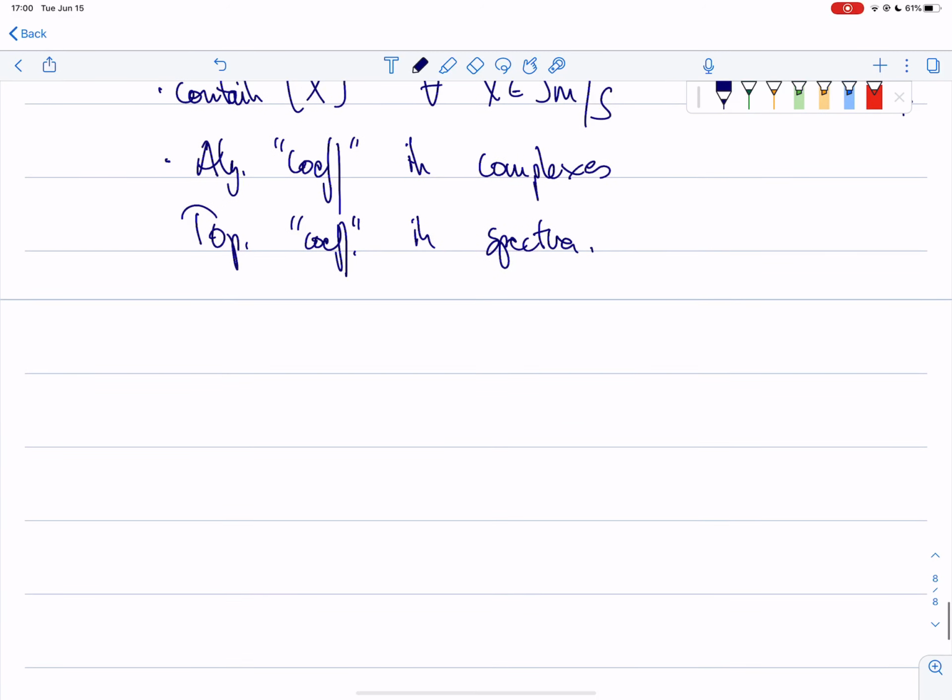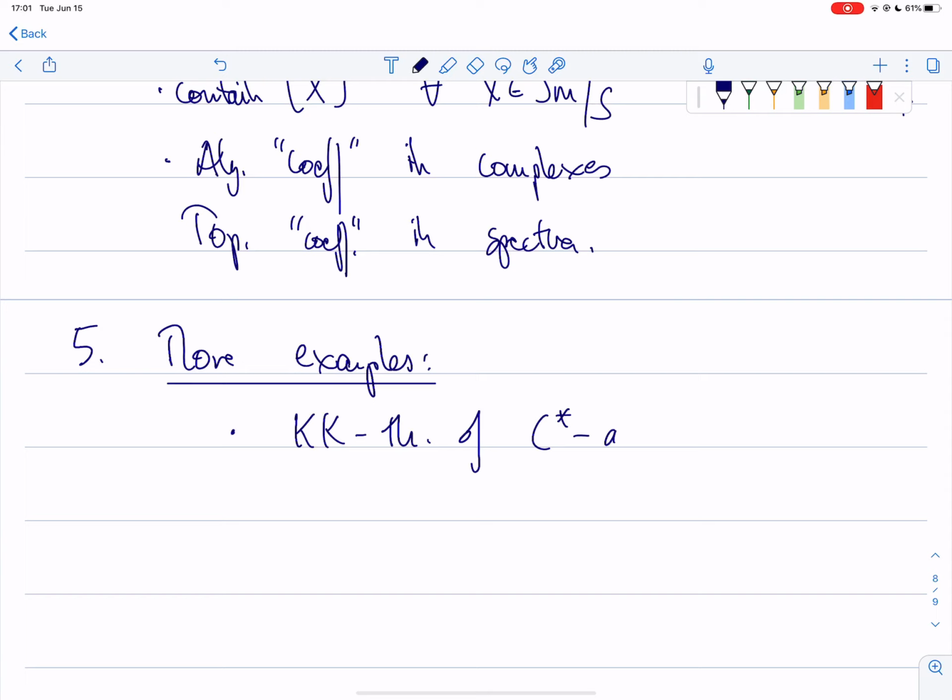And there are more examples. Let me just say, just using the words without any details here. There are examples, for instance, in KK theory of C-star algebras. And there's a very nice survey by Ivo Dell'Ambrogio on that.